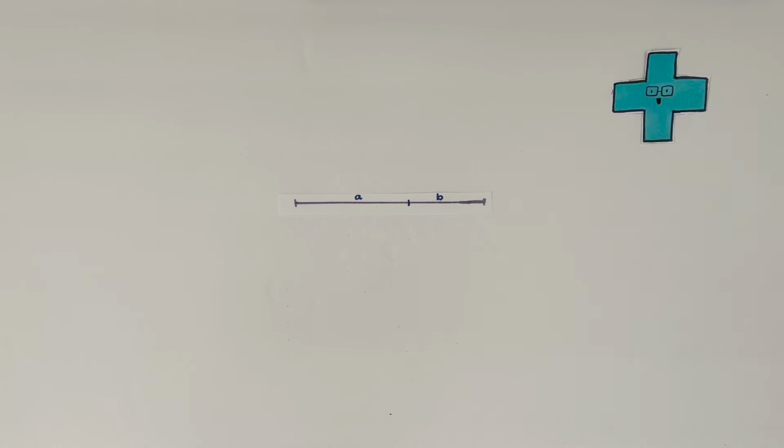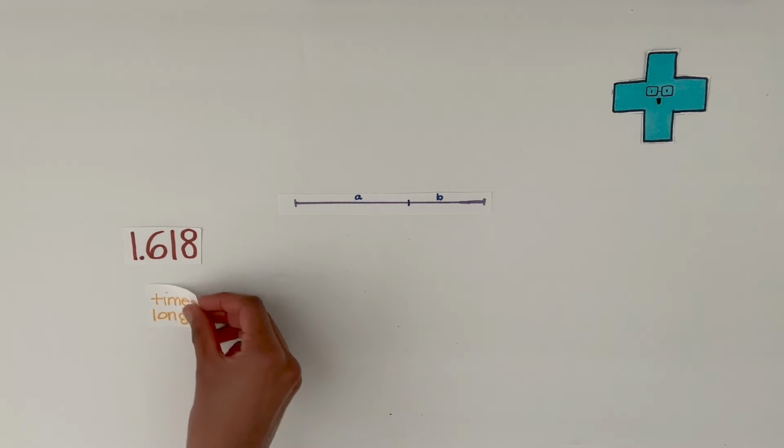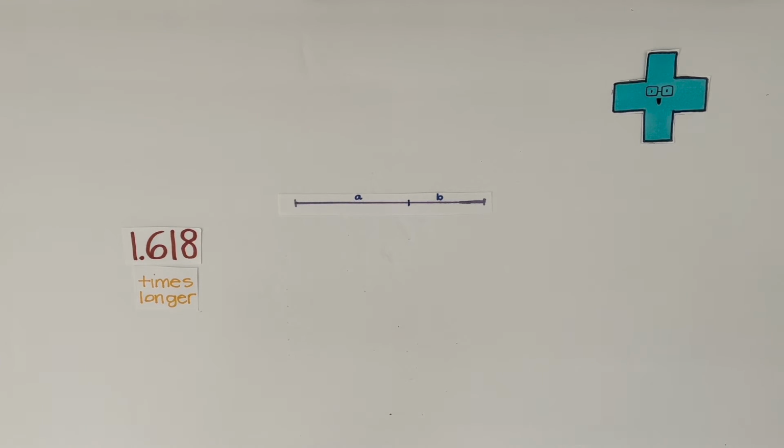Okay, what about this line? This line is split into two parts as well. However, unlike the first one, you can tell that this line isn't split exactly down the middle. Instead, the first part, part A, is 1.618 times longer than part B. And what number is 1.618?